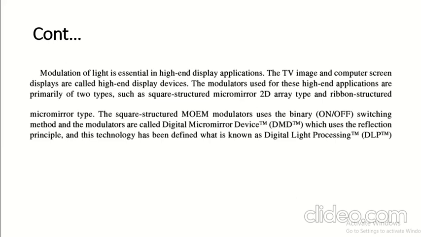Now let's discuss what we mean by the square structured MOEM modulator. It uses the binary on and off, that means 0 and 1 switching method, and the modulators are called digital micro devices, which use the reflection principle, and this technology has been defined as what is known as digital light processing.